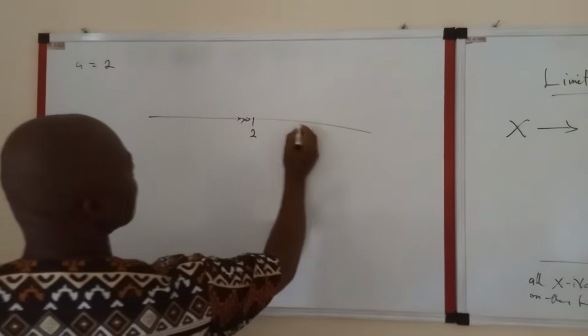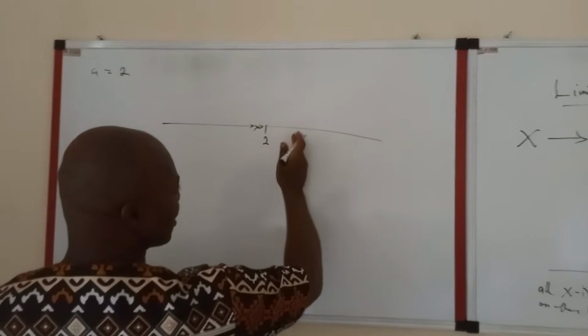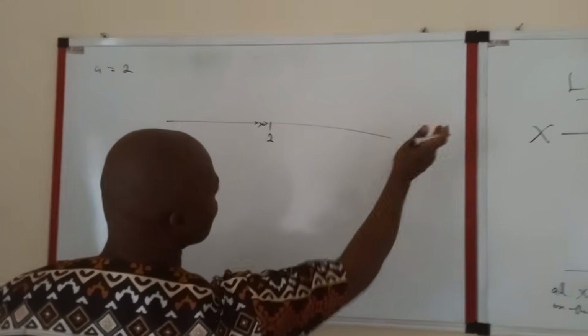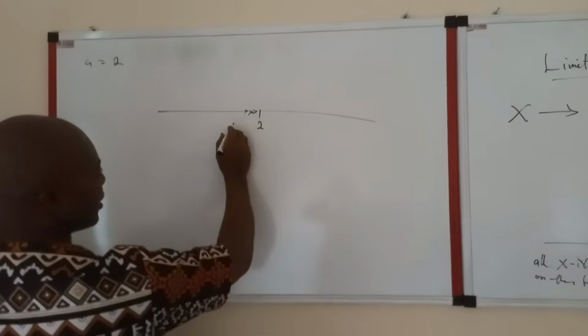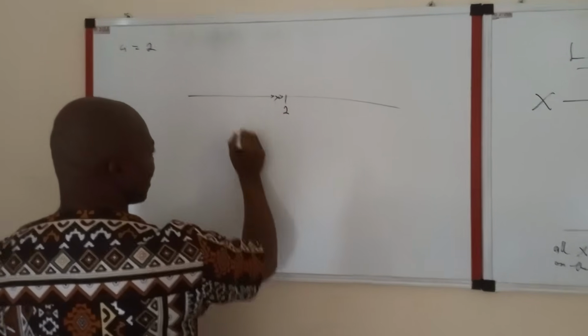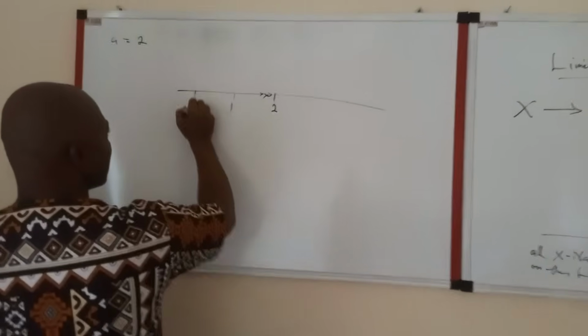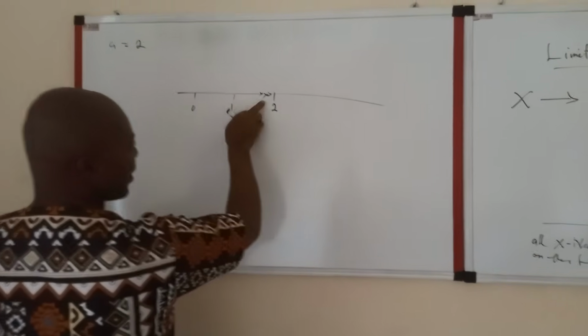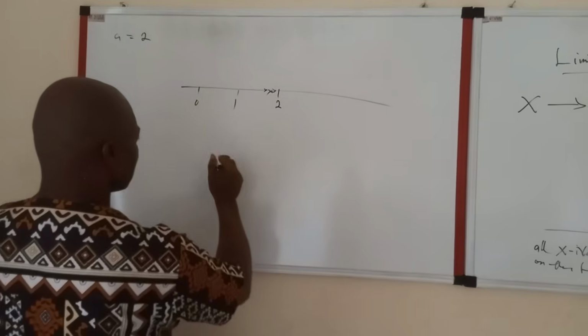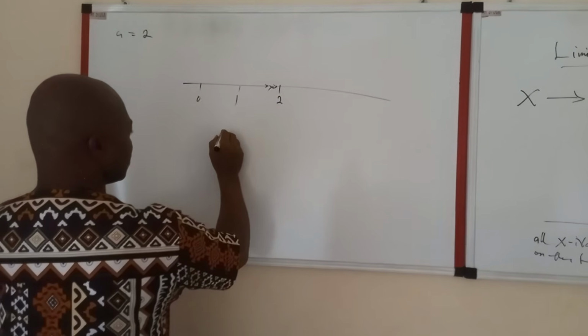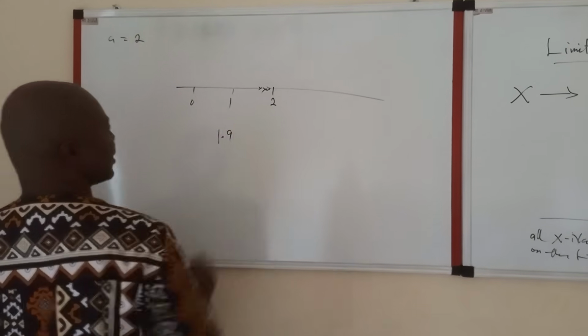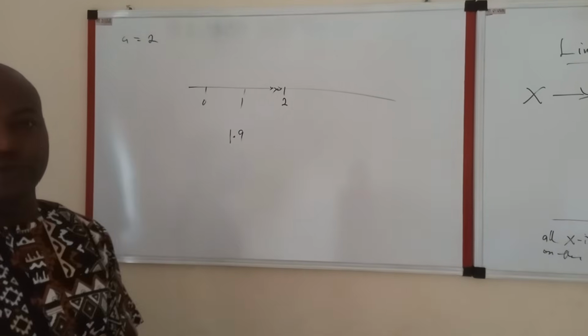Now, on this right-hand side, after 2, in increasing order, you have 3 and so on. But on the left-hand side, let's say if here is 1, here is 0, then very close would be 1 point something. Just say 1.9 is very close to 2.